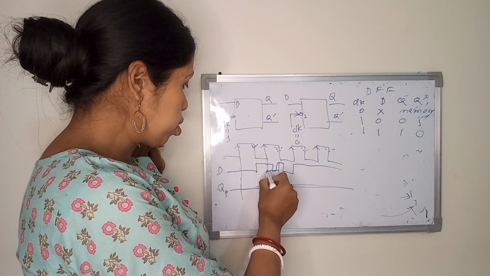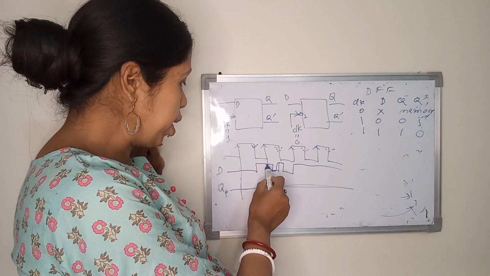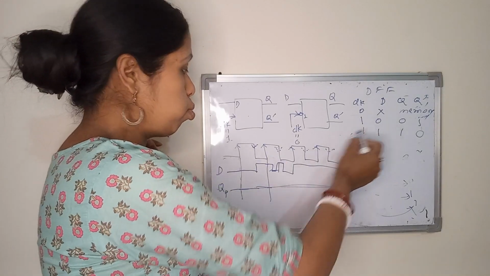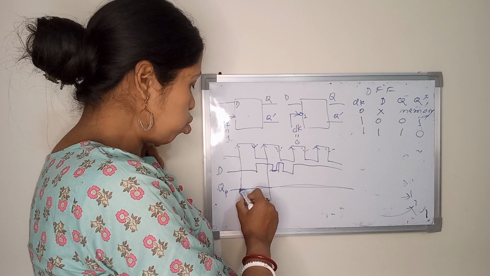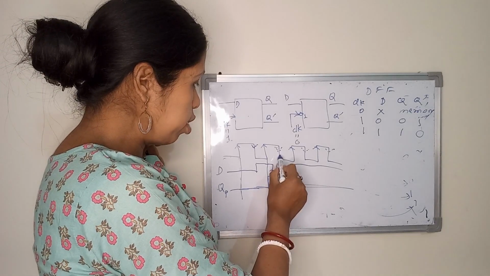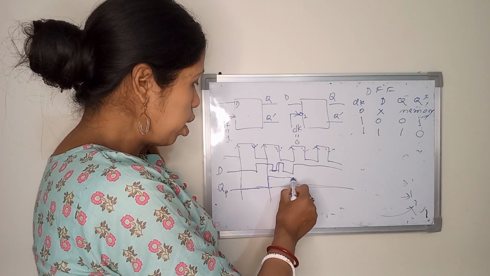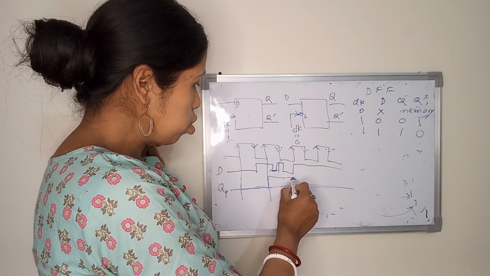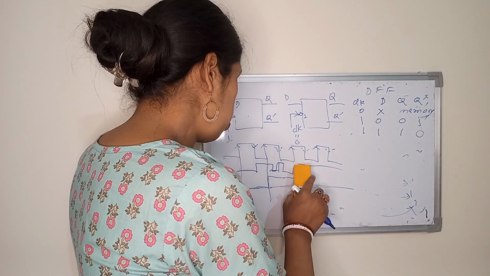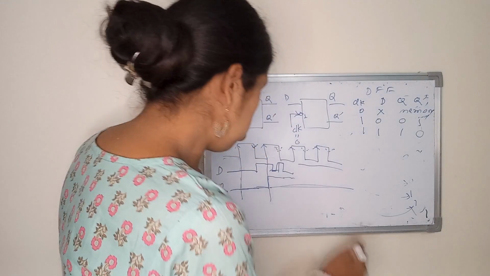Now at this moment you can see D is 1 and the clock is also activated, 0 to 1. Then whatever input you give, the same input will be reflected at the output. Again it retains the same value.